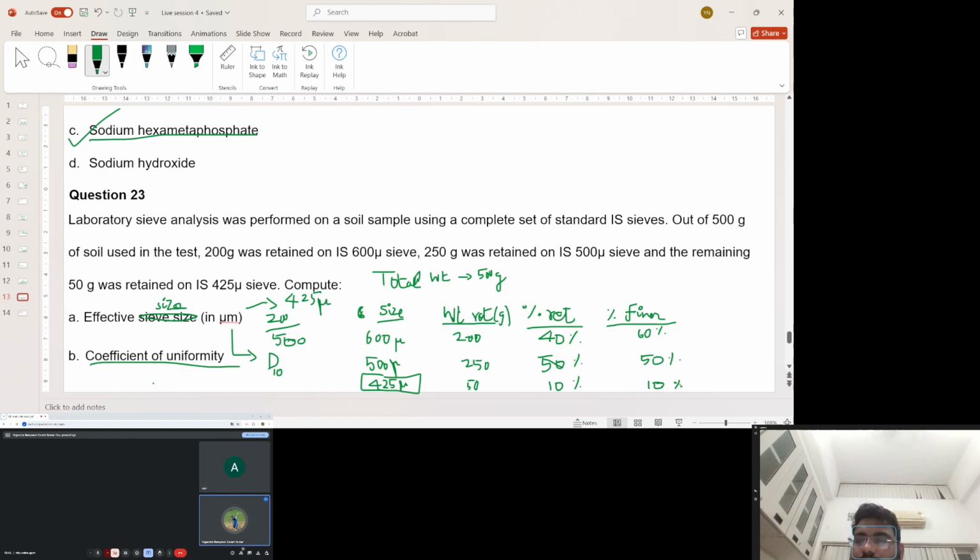This question was asked in earlier assignments, so I will check it once and modify it accordingly. The notion here is to understand that the effective size is defined as D10 and the coefficient of uniformity is D60 by D10.